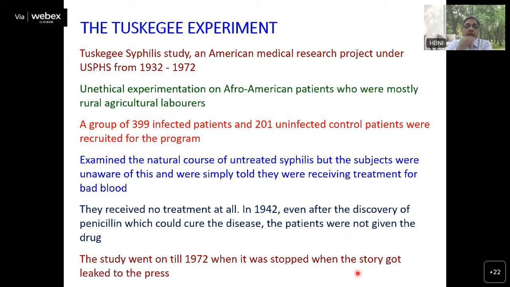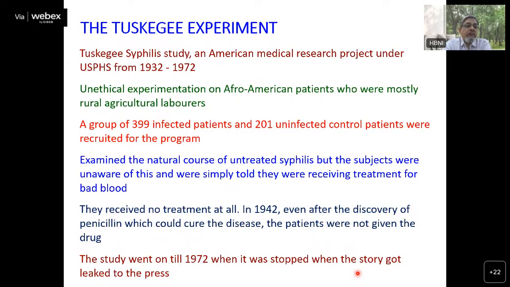So in this connection, I'll describe one experiment which was conducted in the United States. It was called the Tuskegee experiment. It was called the Tuskegee syphilis study. It was an official American governmental research project from 1932 to 1972. And what was this project?